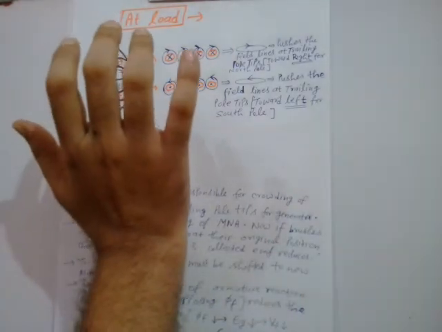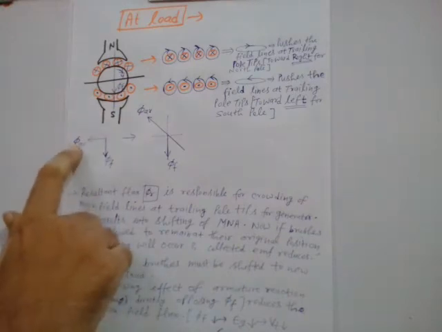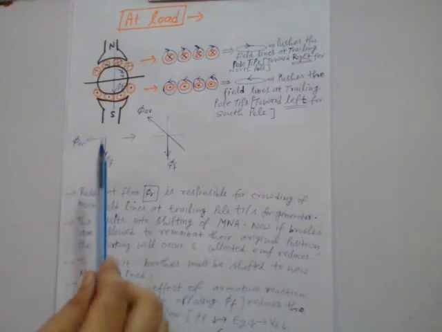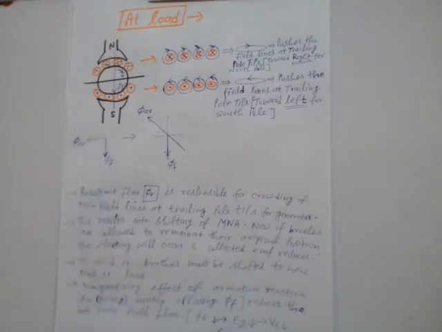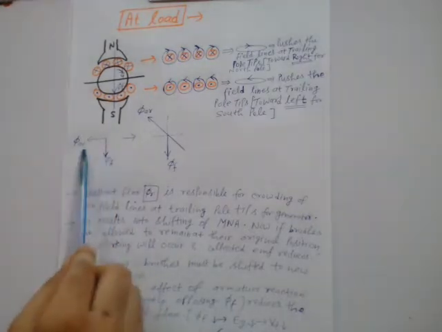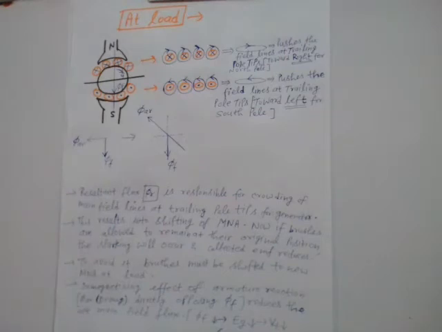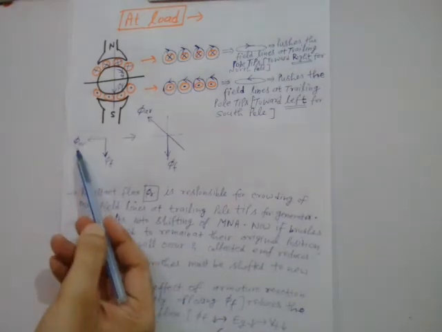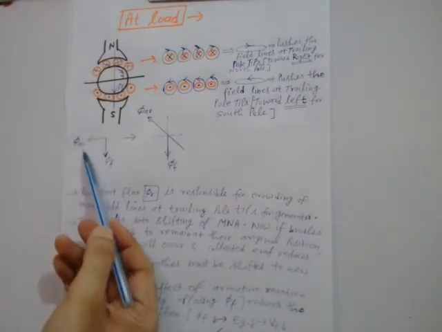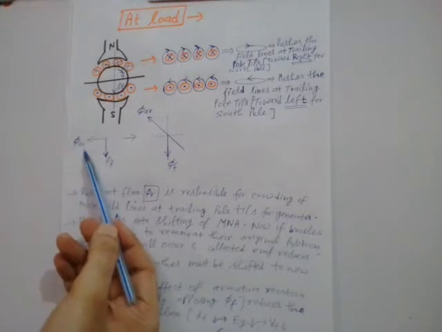So if you apply the right hand palm rule to determine the direction of armature flux, it will be towards this direction, which is shown by this arrow, right? So this is phi AR, representing the flux due to these armature conductors.